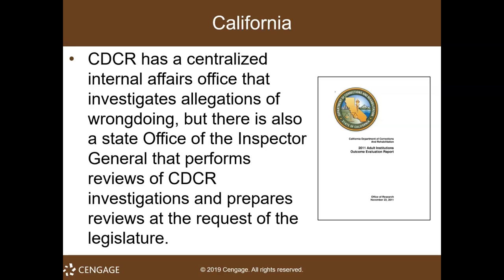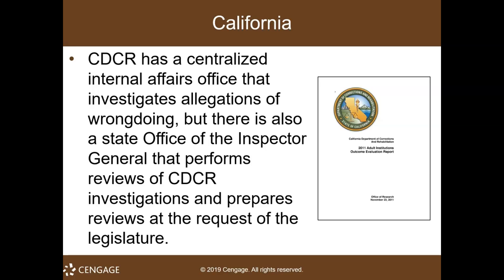CDCR, which is the California Department of Corrections and Rehabilitation, basically formed a centralized internal affairs office that investigates allegations of wrongdoing, but there's also a state Office of the Inspector General. That unit also performs reviews of those CDCR investigations and prepares reviews at the request of the legislature.